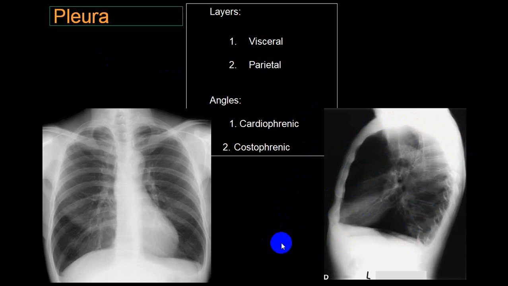So if you have got overlapping shadows and you want to differentiate whether the shadow is in the anterior mediastinum, middle mediastinum, or posterior mediastinum, you will have to identify it by taking a lateral X-ray chest. If it is on the right side, right lateral. If it is on the left side, left lateral. And that will be the way it will help you out.